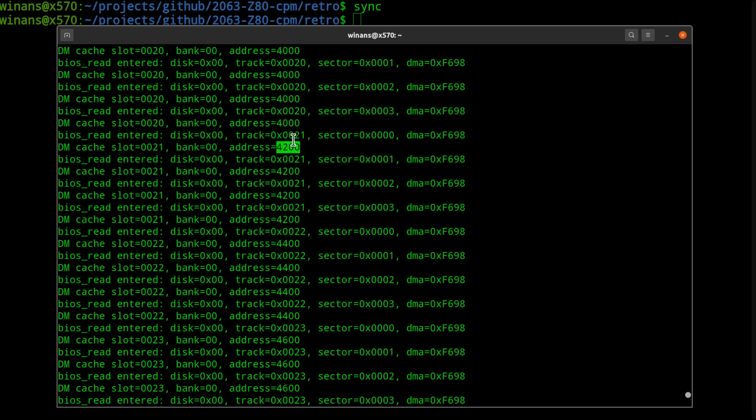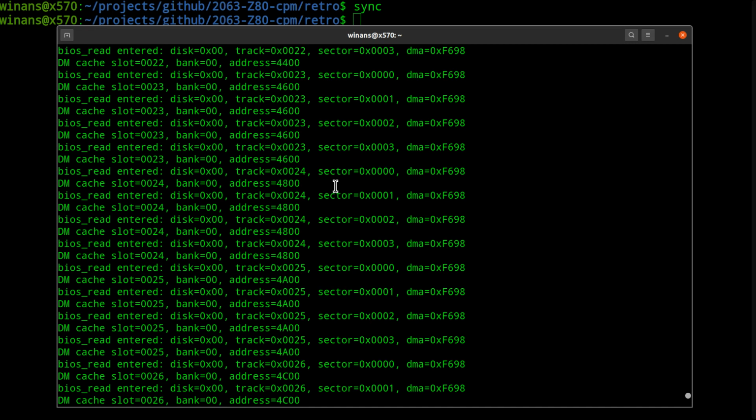So when I go from 20 to 21, seeing this go from 4,000 to 4,200 is exactly what we want. This is working perfectly so far. These positive tests look good. We should do some negative ones to make sure that it still works. As we see it go, slot number 27 is for E00, and then we go up to 5,000 in hex for slot 28. Does that make sense?